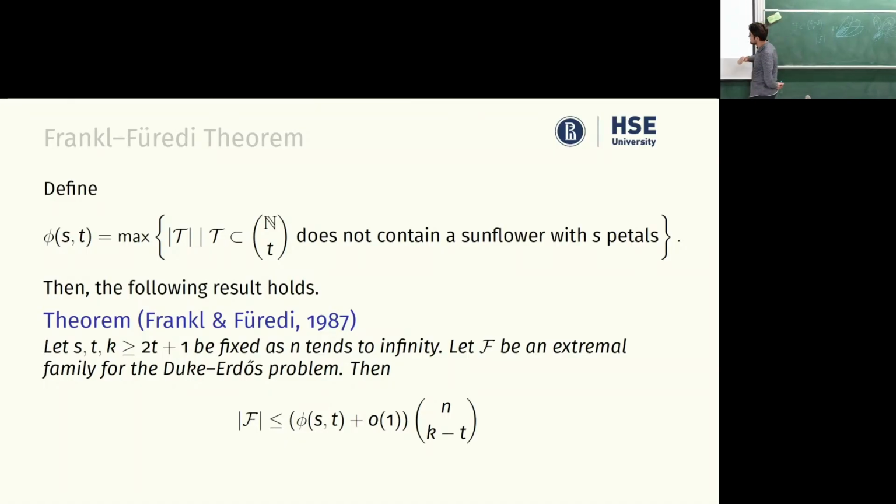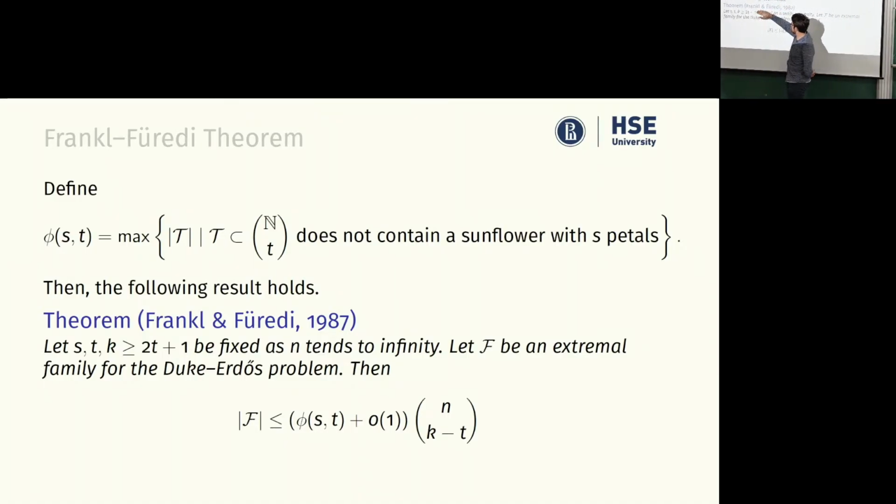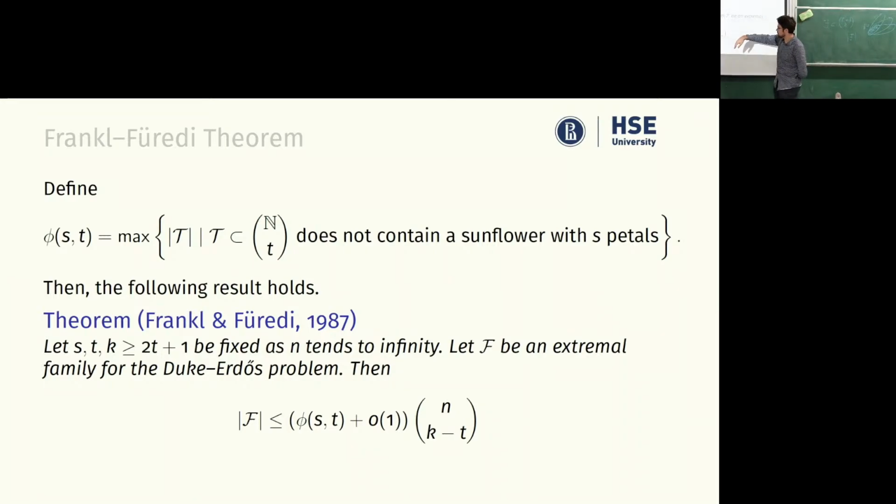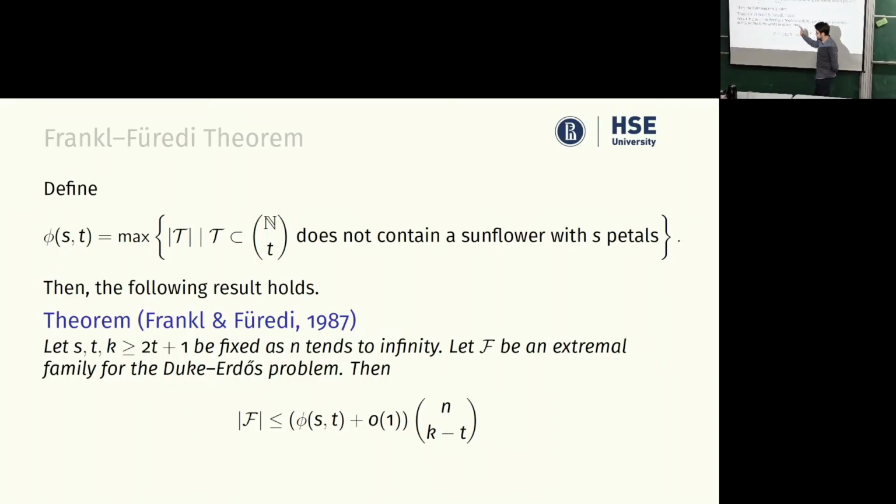And using this function, Frankl and Füredi showed the following. Let k be at least 2t plus 1, with t fixed and k also fixed, and n tending to infinity. Then, asymptotically, we have the following inequality.